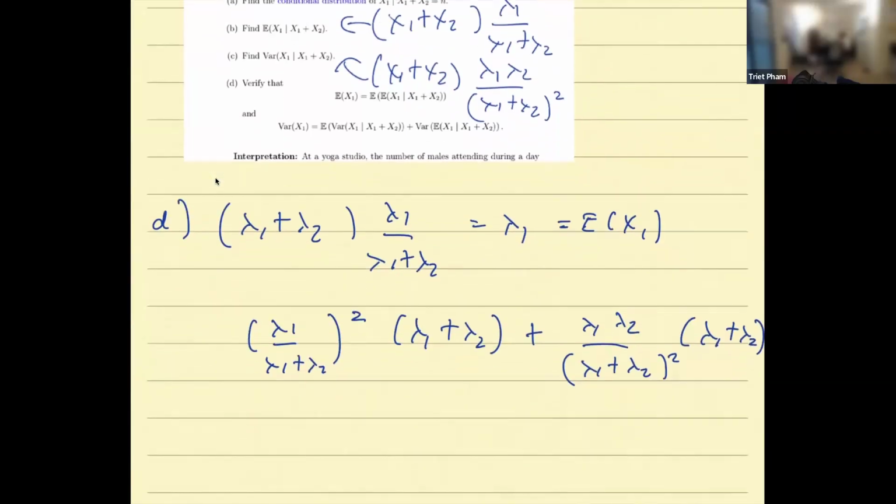So if you simplify, you get lambda 1 squared over lambda 1 plus lambda 2 plus lambda 1 lambda 2 over lambda 1 plus lambda 2. And if you factor out a lambda 1 on top, you see that they cancel to be lambda 1. Any question here?